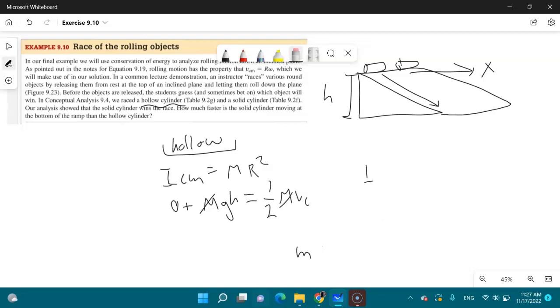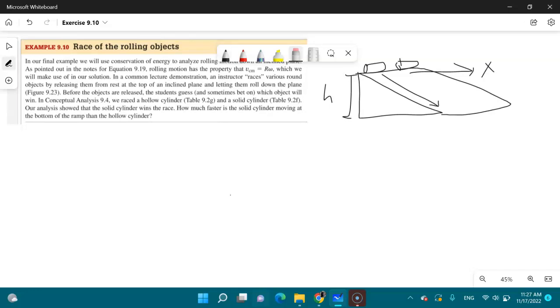Now moving on to the solid cylinder, we follow the same process. For the solid cylinder, the inertia is equal to half of the mass times the radius squared.